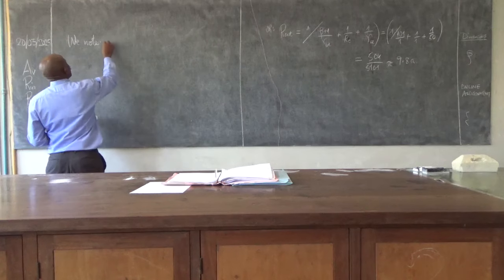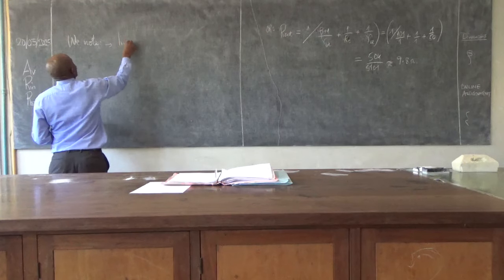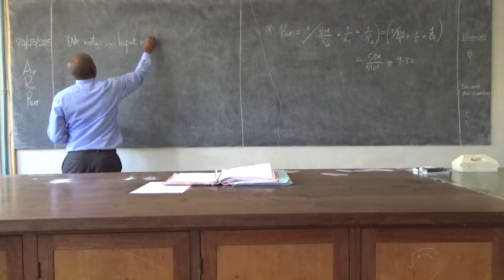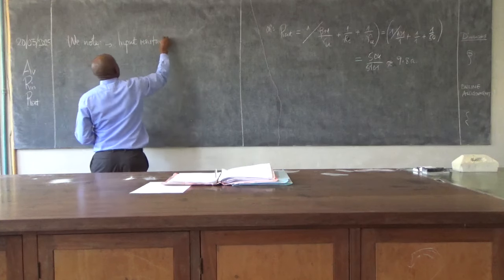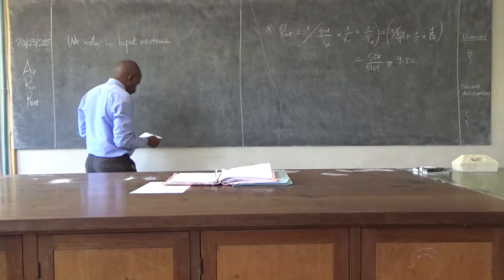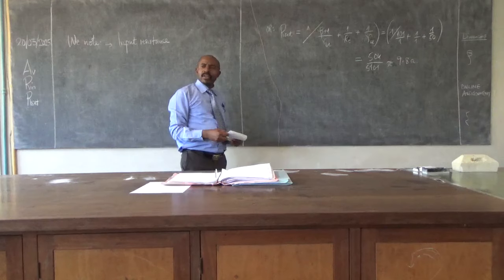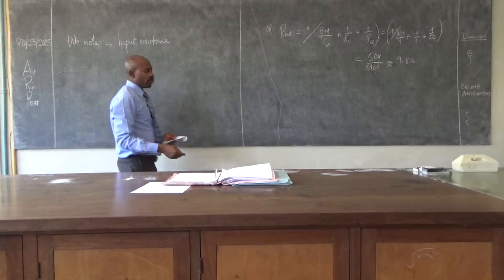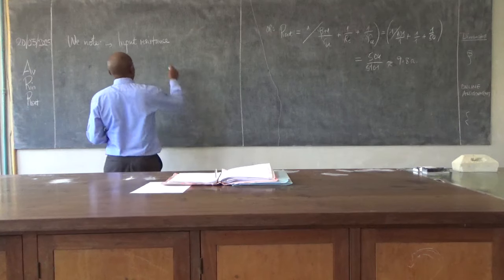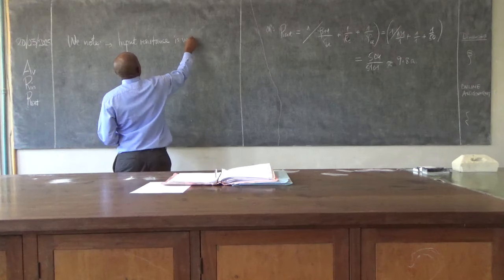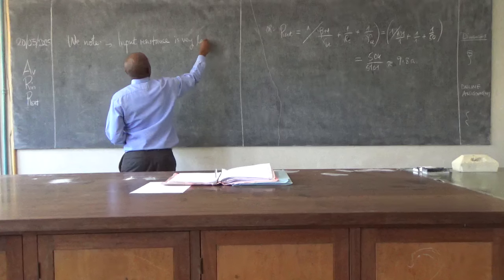With this kind of small example we have, or simple example we have looked at, we note that input resistance was equal to 101 kilo ohms. So that means it is very, very large.